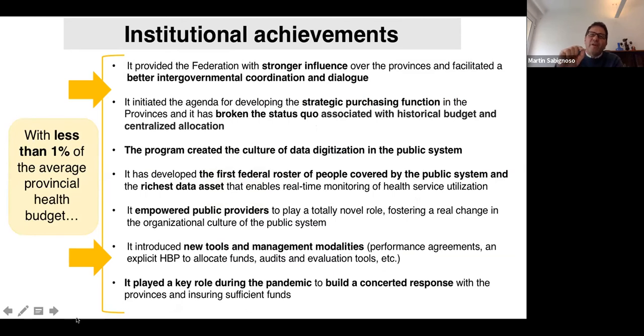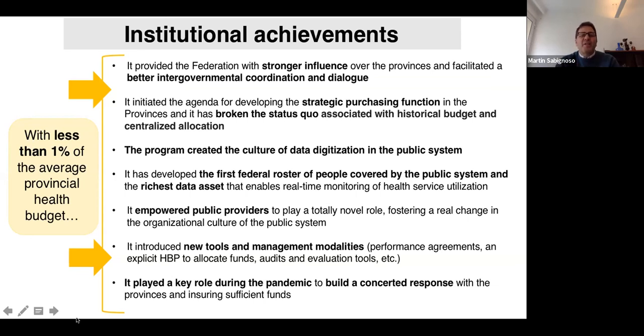So with very little money, with only 1%, we can say that Programa Sumar has strengthened 100% of the public system, because it has provided the federation with stronger influence over the provinces and has facilitated this intergovernmental coordination and dialogue. This was very important, specifically during the pandemic, to develop a concerted response between these levels of government.